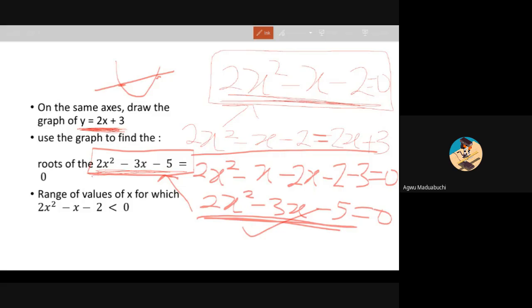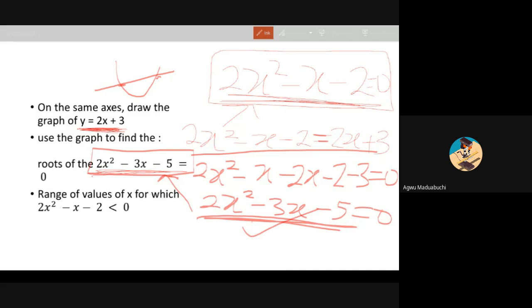So the value you get when you solve a quadratic equation is what we call the root. But now in this case, the value for this quadratic equation from the graph will just be where the line and the curve intersect each other. Is that clear? Yes, ma.